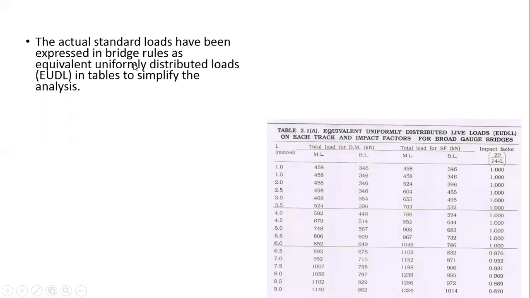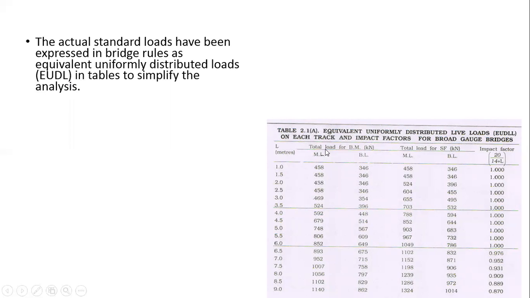The live loads are given in the bridge rules as equivalent uniformly distributed loads, EUDL, in tables to simplify the analysis. This is one such table for EUDL. The first column is L, the span in meters.